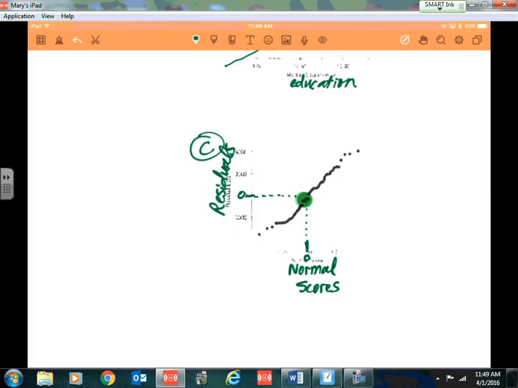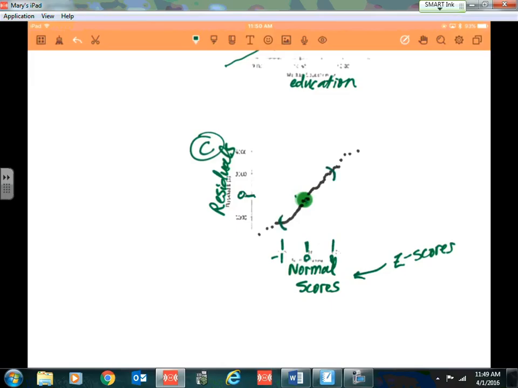Okay? Now, what you're supposed to notice is that if you go down one, because these are basically standard deviations, down here these are basically your z-scores. If you go down one standard deviation and up one standard deviation, look at what's happening in the graph.